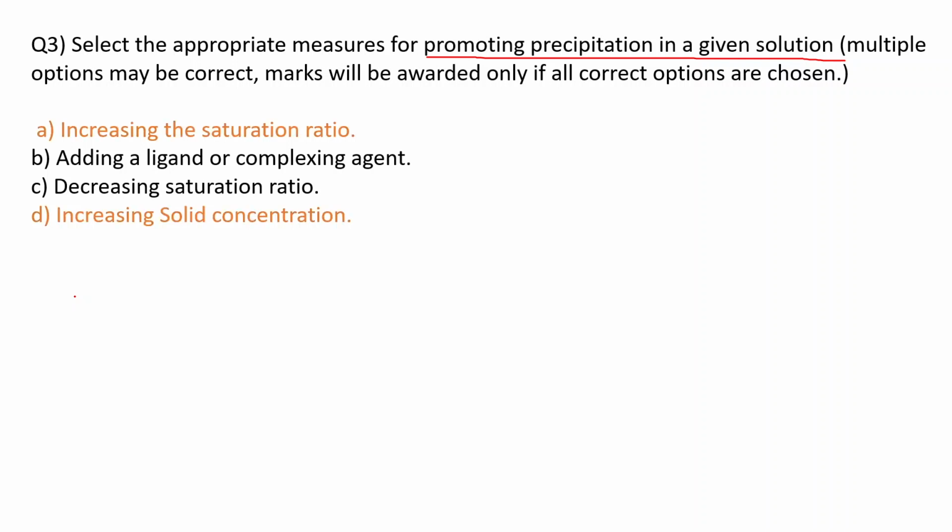Okay, we'll see the solution now. By increasing the saturation ratio and the solid concentration, we can promote the precipitation. I have given this example earlier also. If in a glass of water you are mixing salt, and you keep on increasing the concentration of salt, then a time will come that no more salt will dissolve.